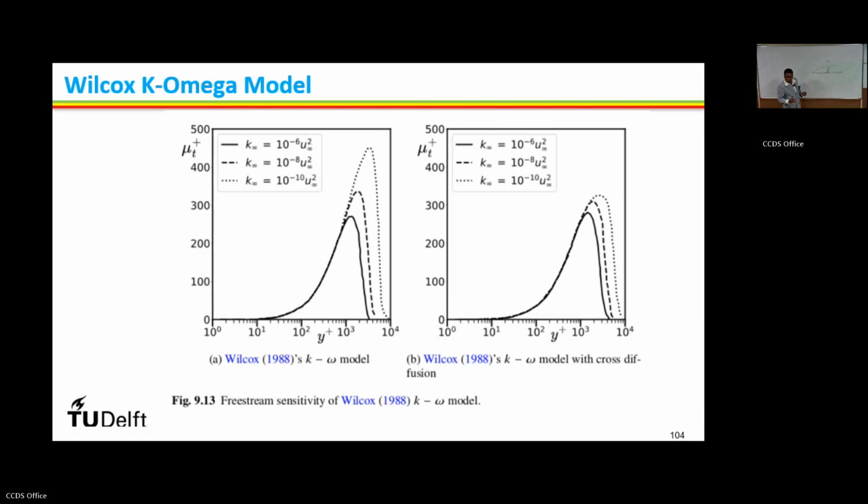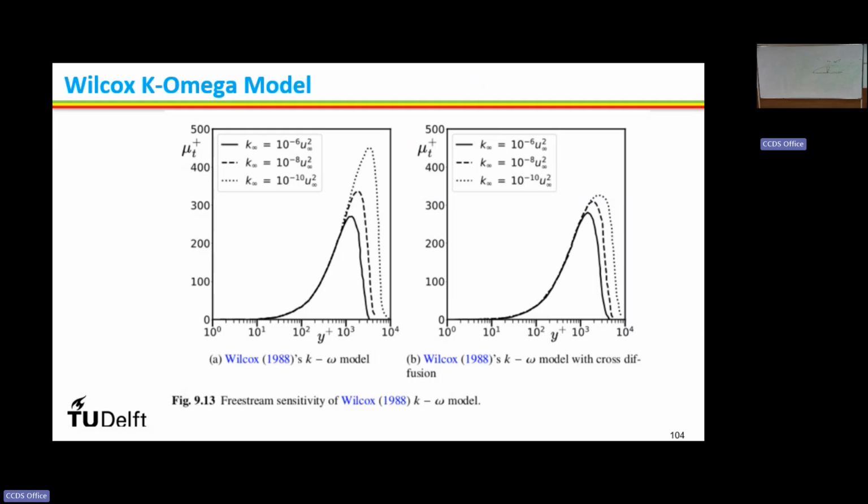Suppose you increase slightly, perturb the free stream velocity, you increase a little bit. Suppose this is u infinity, then you add u infinity plus 10 to the power minus 6, a very small amount, then the result changes drastically. This model is drastically sensitive. This is how it looks when there is a slight change in the free stream velocity. The kinetic energy scales with the square of the free stream velocity.